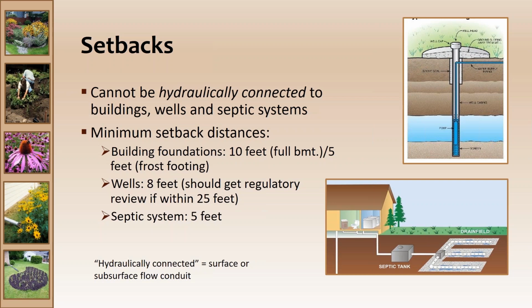There's a note in there that says if you're within 25 feet of a well, you should get a regulatory review to help with that hydraulically connected issue, because just because you meet the setback doesn't mean you automatically meet the hydraulically connected provision. So be careful with that. And septic systems are another one where you just don't want to be connected to it, but it still has an absolute setback of 5 feet.